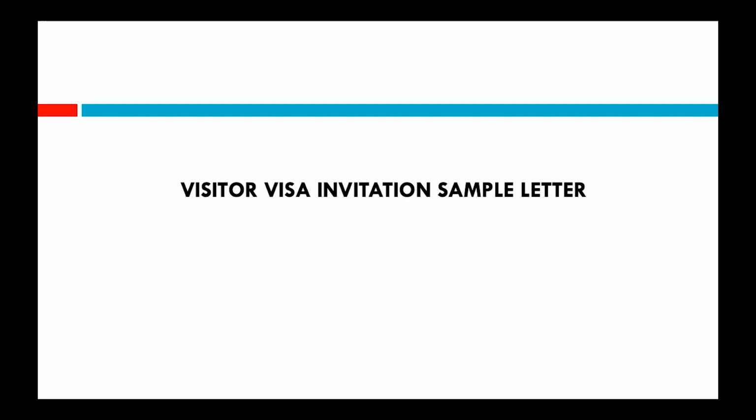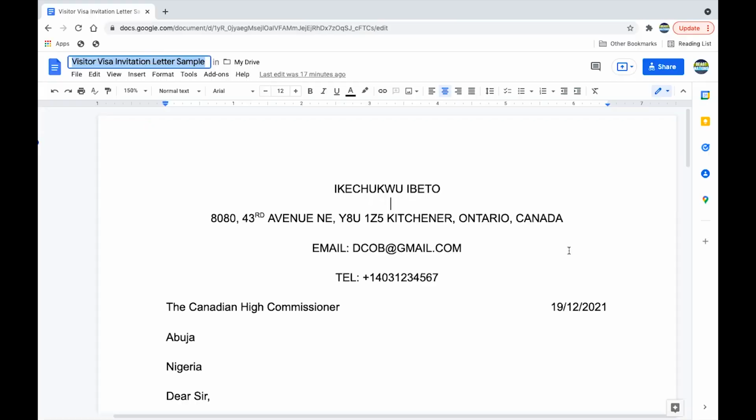So without wasting any time, let's quickly dive in so I can show you a breakdown of what exactly to include in this invitation letter. As you can see on my screen right now, on top it says visitor visa invitation letter sample. Don't worry about how you're going to get this document. I created this letter using Google Docs.